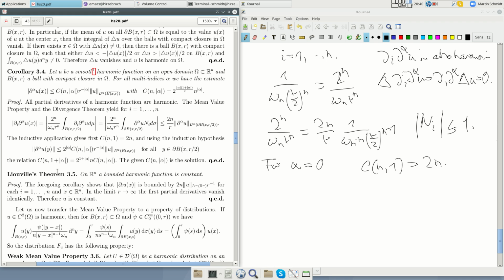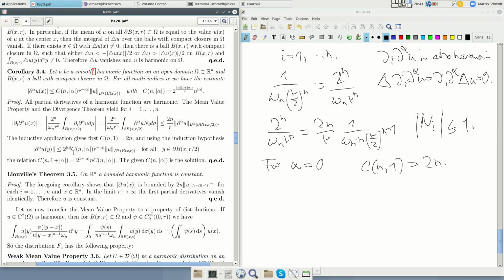So this means the constant, if we increase the length of the multi-index by 1, then we need to evaluate at half the radius.